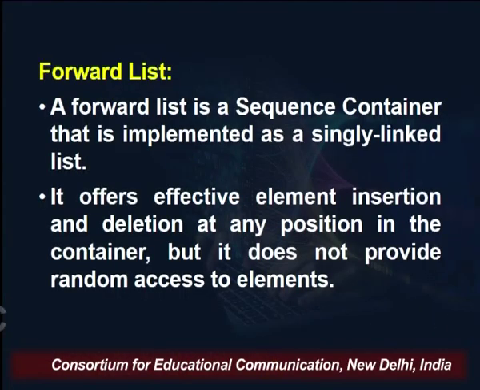The next type of sequence container is the forward list. The basic difference between forward list and list is that list is implemented as a doubly linked list, while forward list is a sequence container implemented as a singly linked list. So when I say forward list, that means you will be moving in the forward direction only. There are no pointers to access the elements prior to the current element.